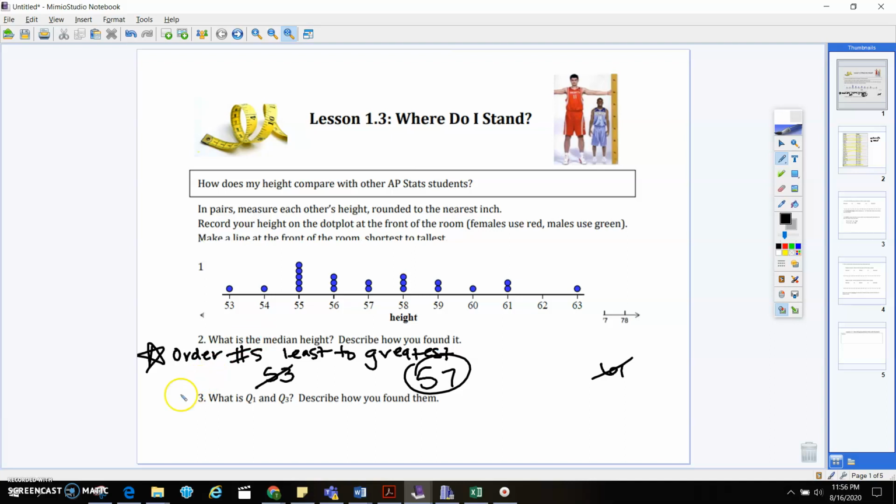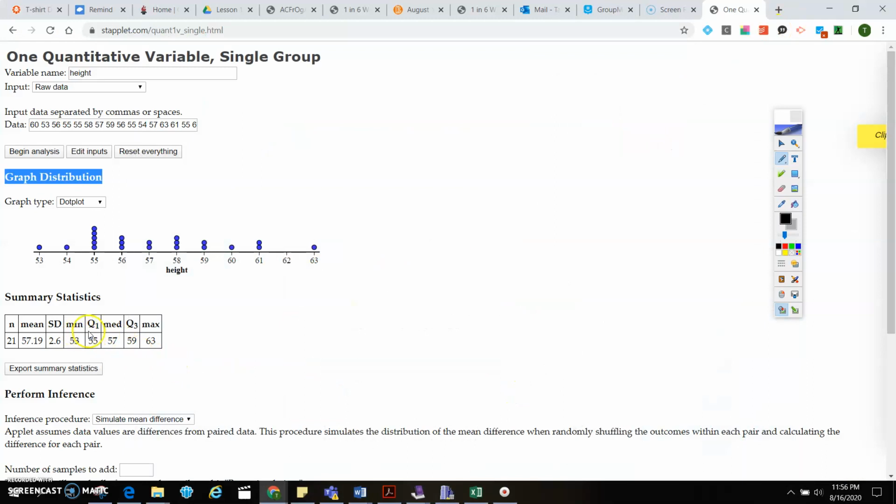Okay, for Q1 and Q3, that's the middle numbers of the lower region, which is the Q1, and the upper region, which is Q3. Okay, so middle number of that group. So it's kind of like finding a subgroup. Again, Statplet does do this for you, but you won't be able to use this on your exam. So Q1 is going to be 55, and then Q3 is going to be 59.